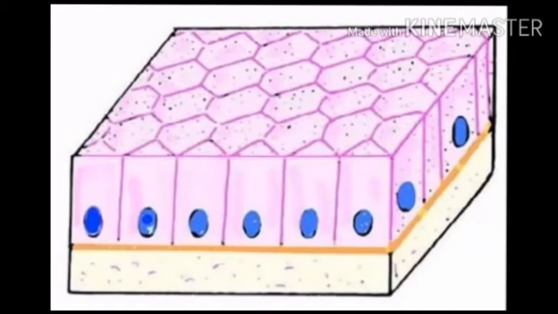Around the nucleus there is also cytoplasm, a jelly-like substance. It looks like a tall pillar-like structure, so that's why its name became columnar epithelial tissue.